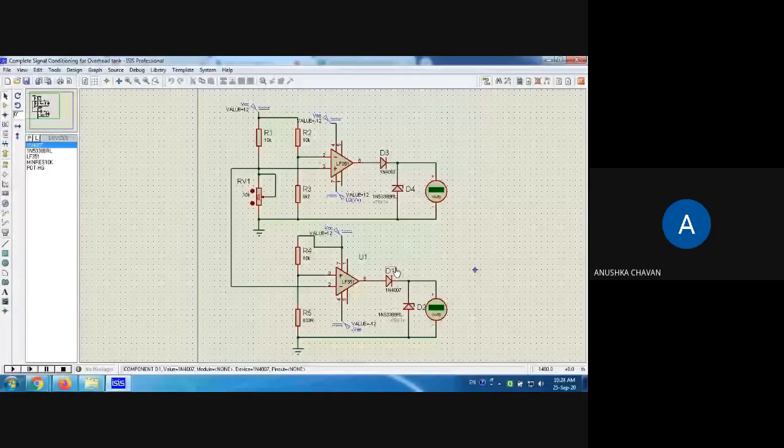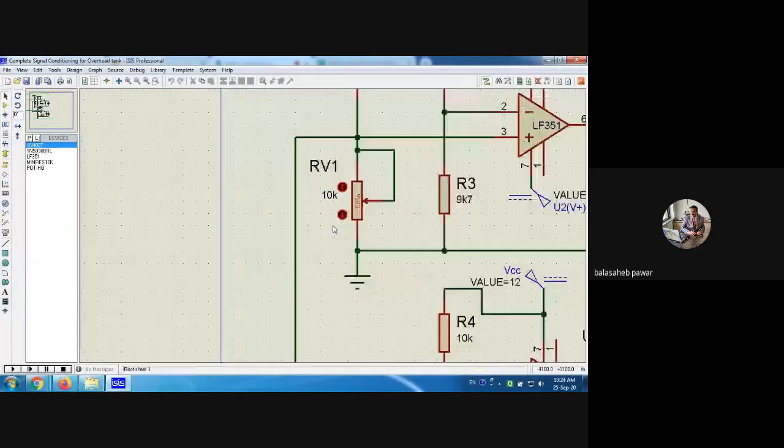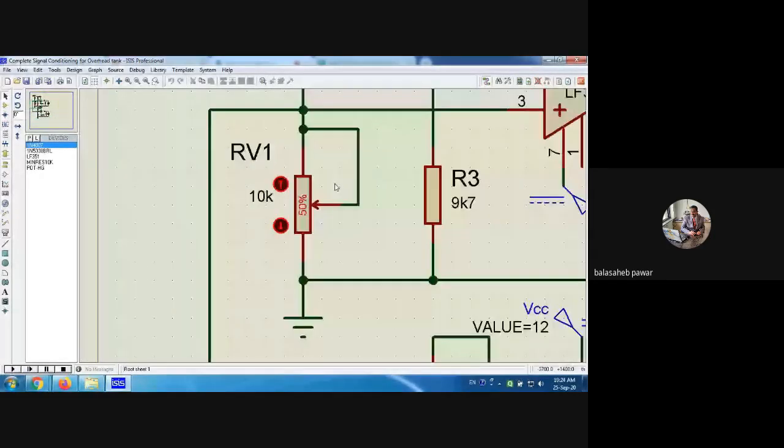Yes, sir. Okay. So see, initially I will keep the resistance offered by our sensor neither at minimum level nor at maximum. That means I kept it at 50%, so currently that sensor is providing 5 kilo ohm resistance.